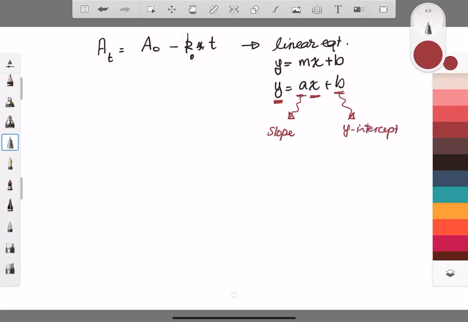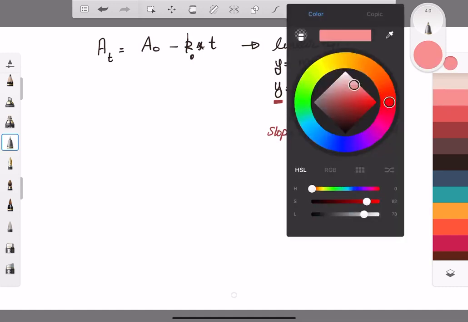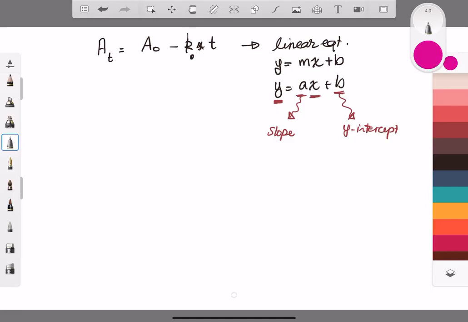So accordingly, let's go back to our equation here.